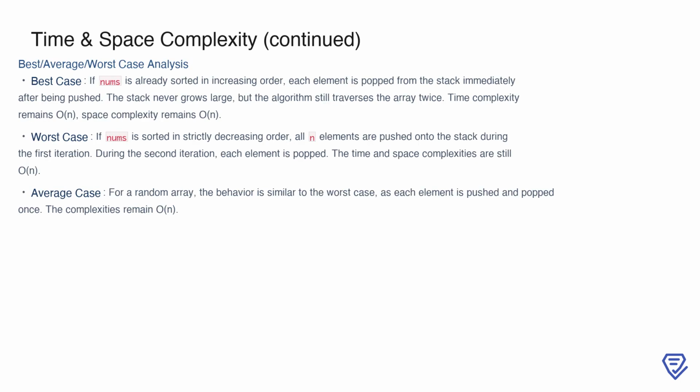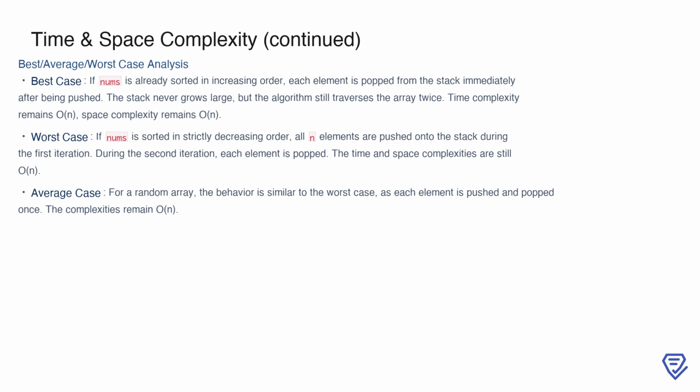Let's break down the algorithm's behavior in different cases. In the best case, where the array is sorted in increasing order, each element is immediately popped from the stack after being pushed. While the stack never grows large, the algorithm still traverses the array twice, so the time complexity remains O(n), and the space complexity is O(n).